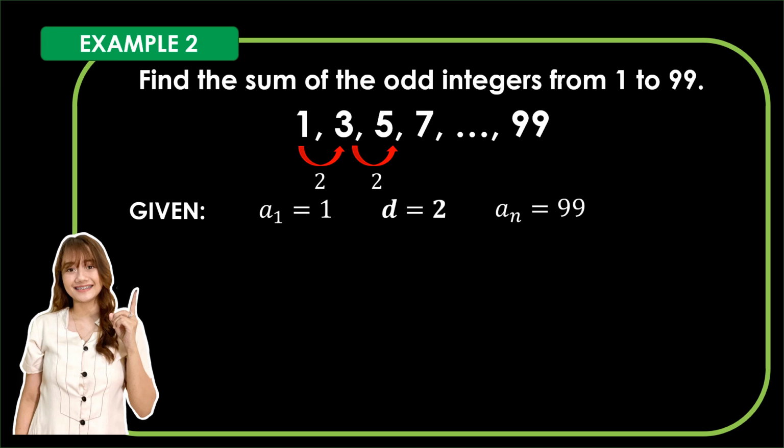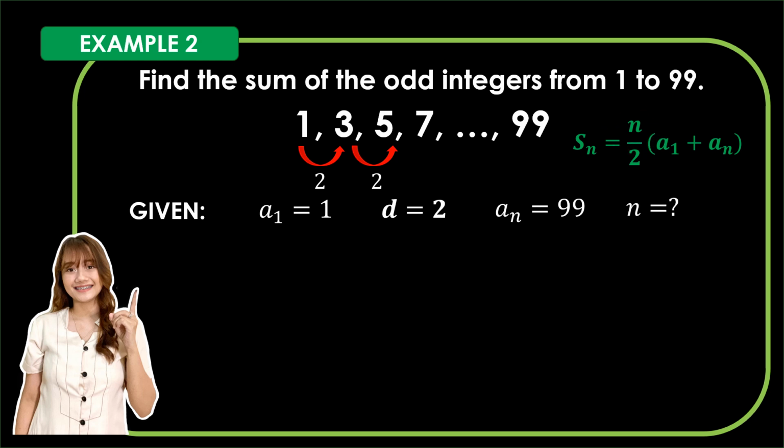Observe that we have the first term and the last term. So based on our problem, we can use the formula S sub n is equal to n over 2 times the first term plus the last term. Now, observe that we need to know the value of n.